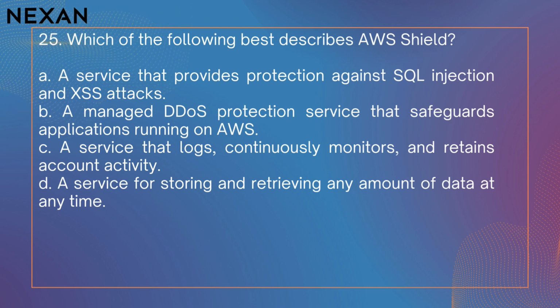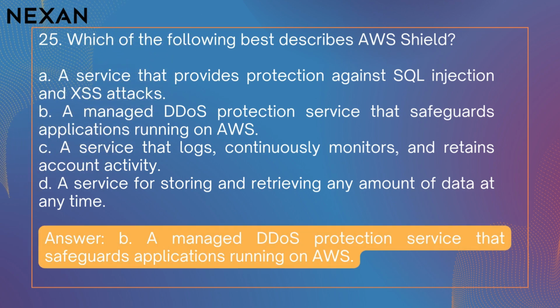C. A service that logs, continuously monitors, and retains account activity. D. A service for storing and retrieving any amount of data at any time. Answer B. A managed DDoS protection service that safeguards applications running on AWS.